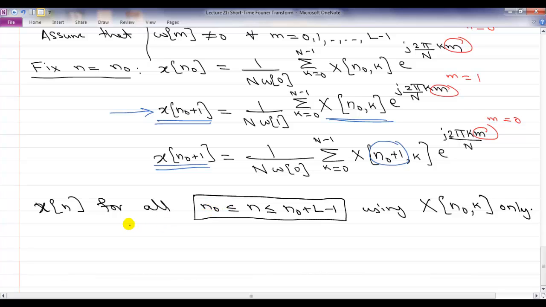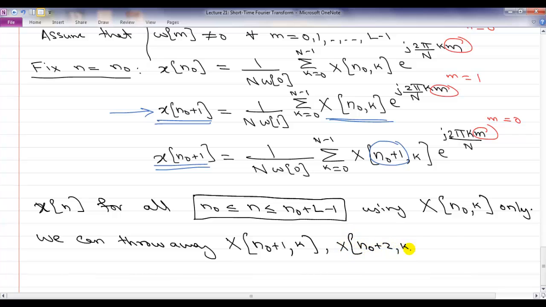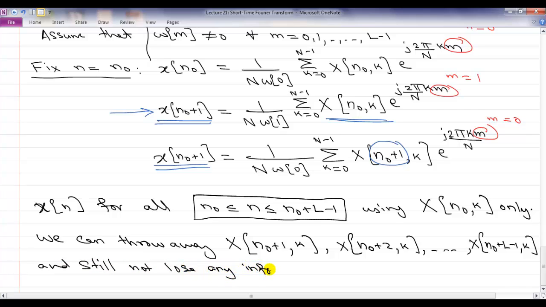Which means we can throw away X of n naught plus 1, k, X of n naught plus 2, k, up to X of n naught plus L minus 1, k, and still not lose any information about x of n.